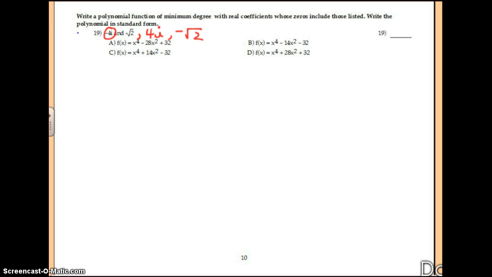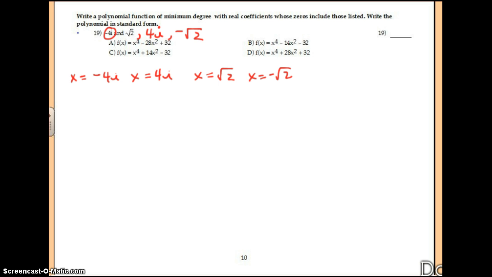When we have 4 zeros, I'm going to assume that the degree of my polynomial is going to be 4. And I'm going to put these together to make our polynomial. So I've got x equals negative 4i, x equals positive 4i, x equals the square root of 2, x equals the negative square root of 2. Bring everything back over with x.